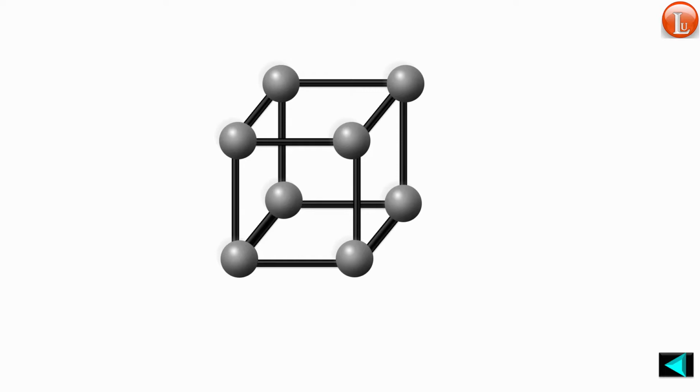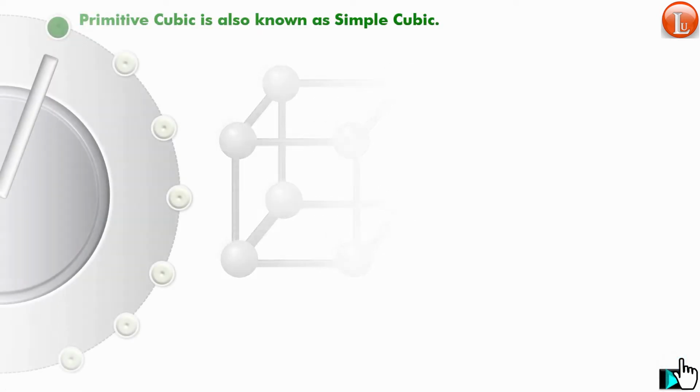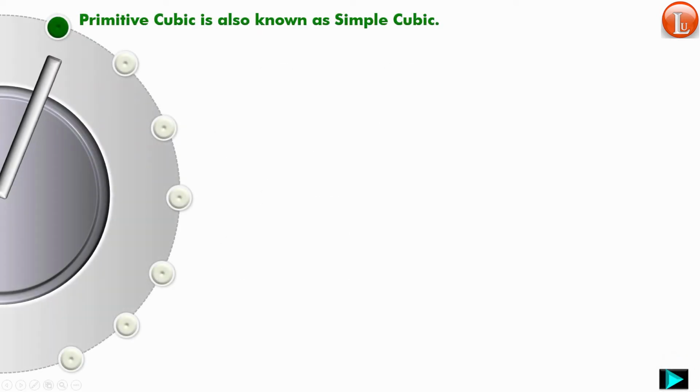Only then you call it primitive. If any one of the corner atoms is changed with another atom, it ceases to be called primitive cubic. Or if this particular atom is found somewhere else in the cube, again it ceases to be called primitive cubic.